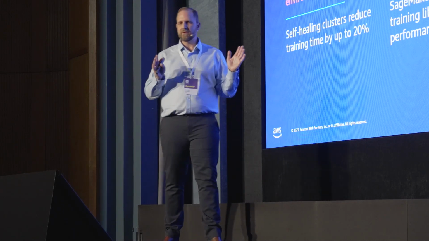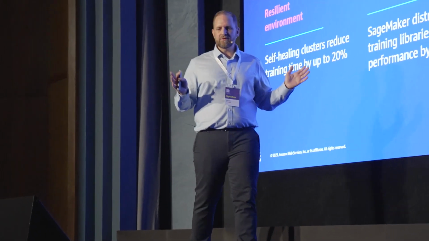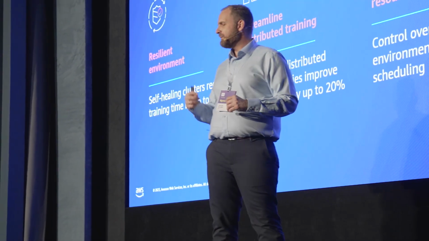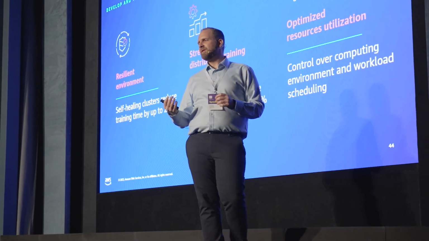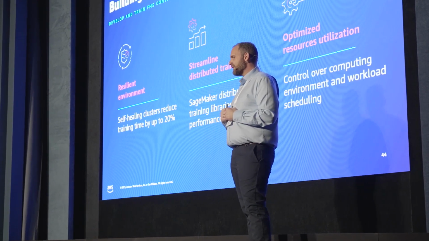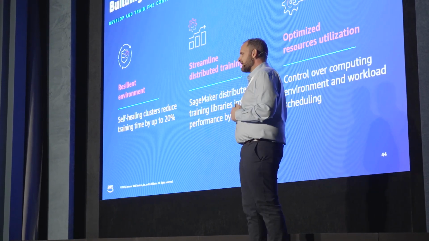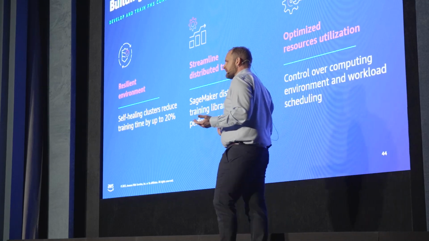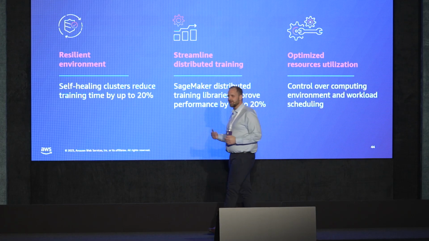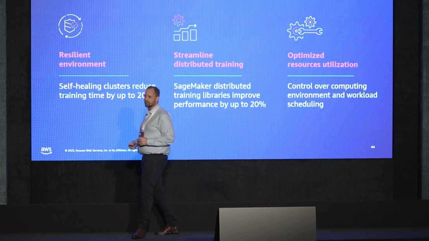It makes sure that if hardware fails, it replaces that and the training continues as normal. So the users don't lose any information. It supports checkpoints. That means that we store all the different stages of the training so they can resume the training. And more or less, to make it simple, we make sure that the training will be completed successfully and whatever you paid is whatever you will get as well.